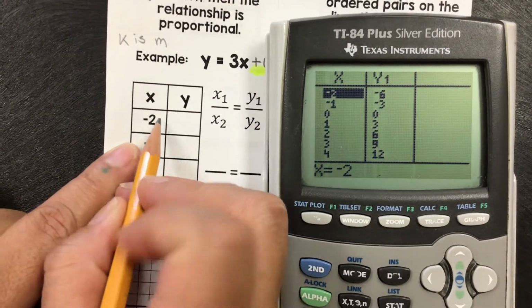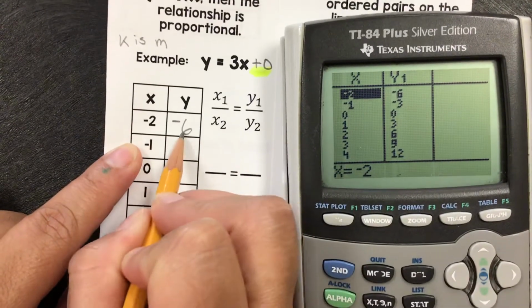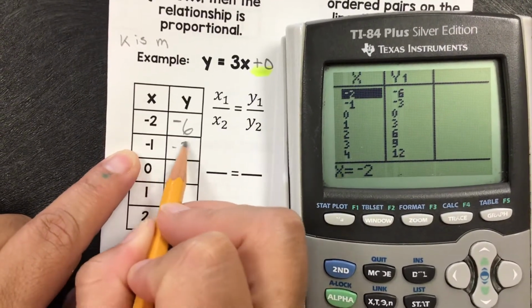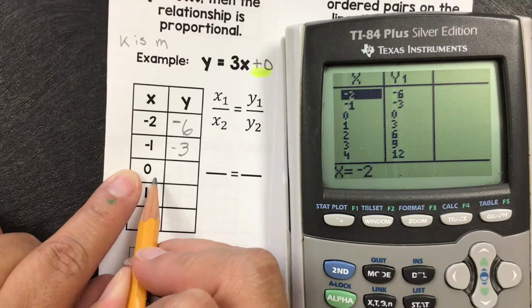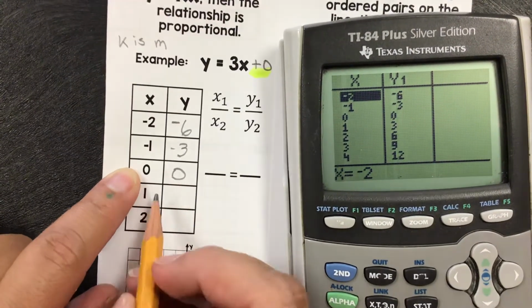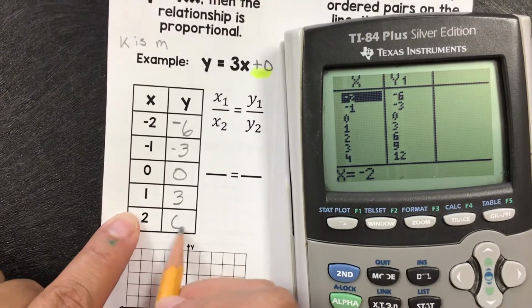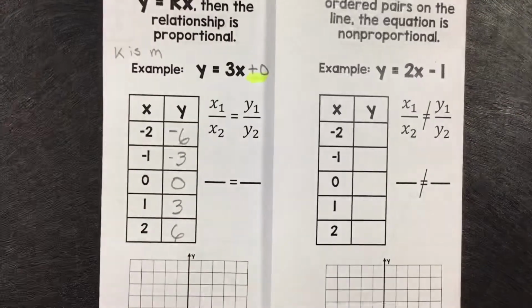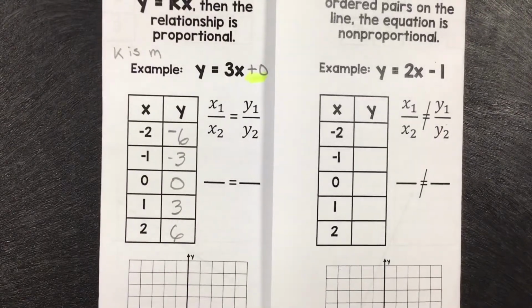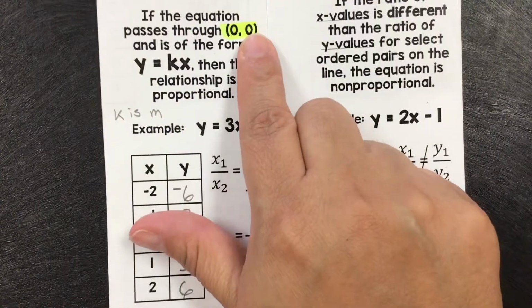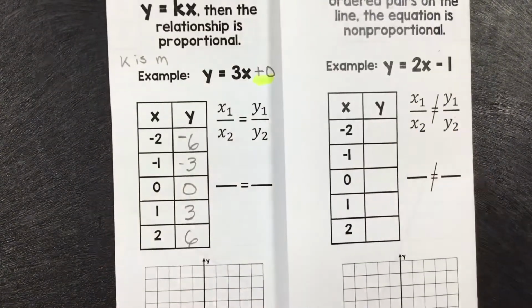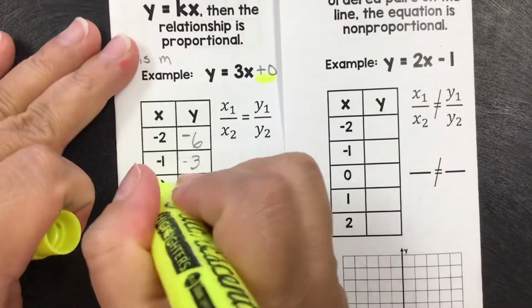At -2, it says it's -6, -1, -3, 0, 0, 1, 3, and 2, 6. So just like I highlighted up here, knowing that it goes through the 0, 0 means it is proportional.